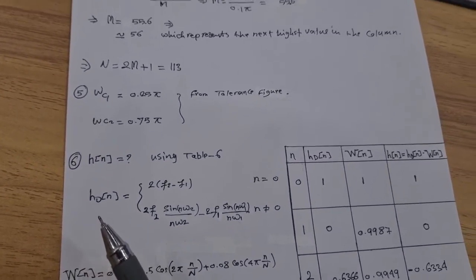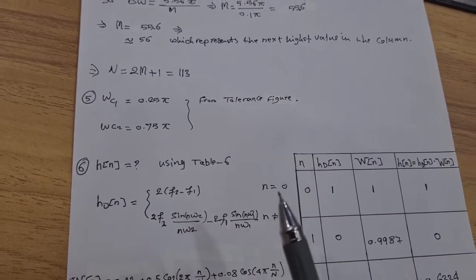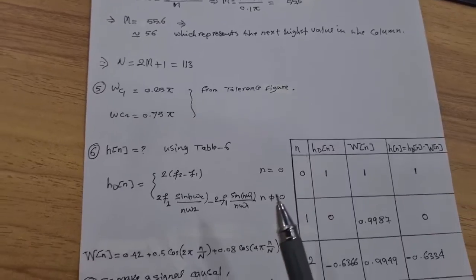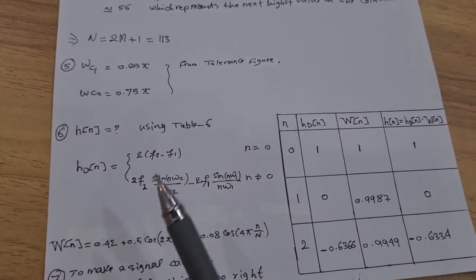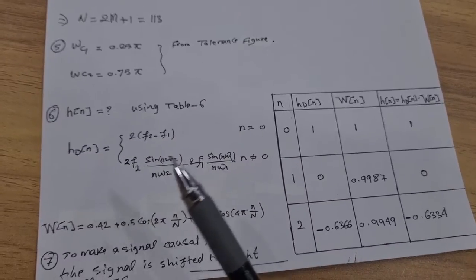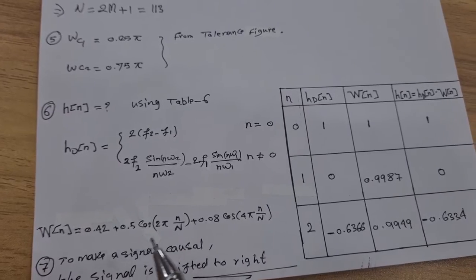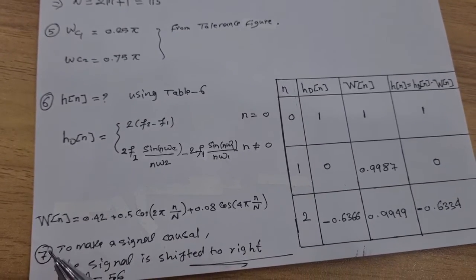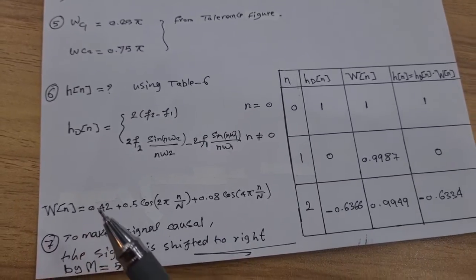The first is HD of N, which has two values depending on whether N equals 0 or N is not equal to 0. These are the formulas for the two cases. And for W of N, we can use this formula to calculate it.